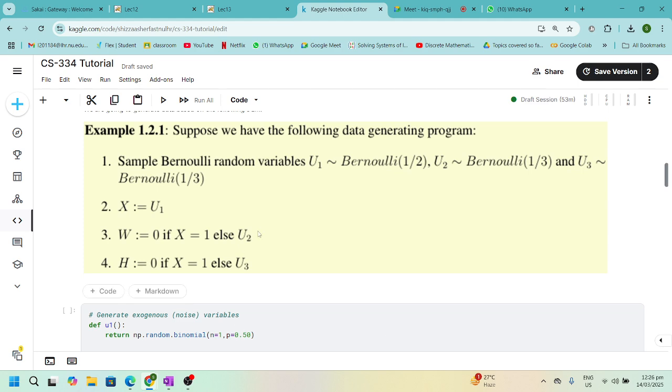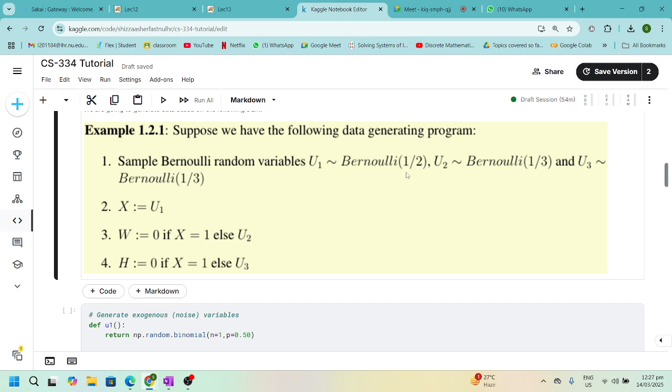So again, let me give you an overview of the generating process, which we've already covered in class. I have taken this exact example from class, and then we're going to look at the code that generates data according to this algorithm for us. So U1 is going to be 1 with a probability of 1 by 2.